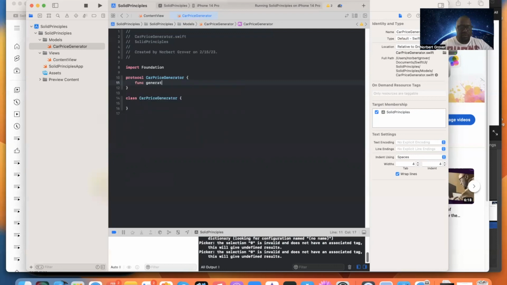Okay, generate. So I'm going to generate price. And of course, as you know, this is the signature of this method.